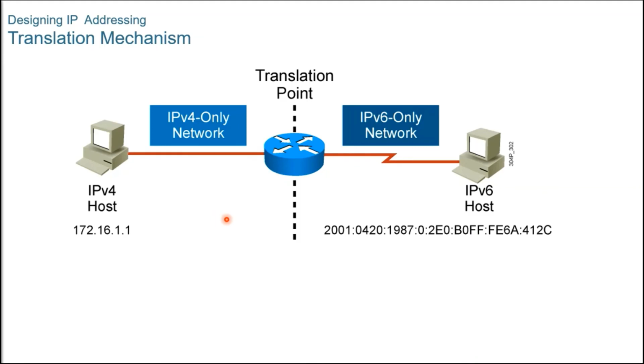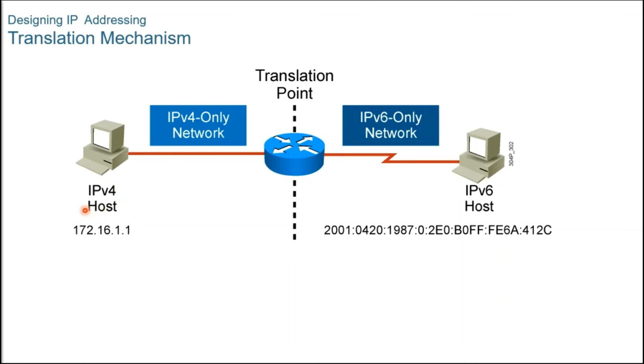Now, as shown on this diagram here, an IPv6 network or node behind the translation device has full connectivity to other IPv6 nodes and uses NAT functionality to communicate with IPv4 devices here.